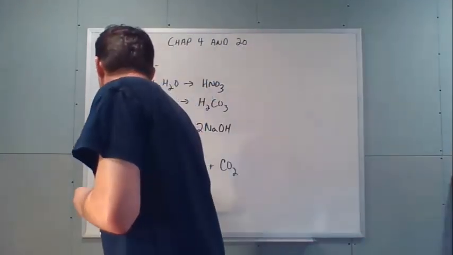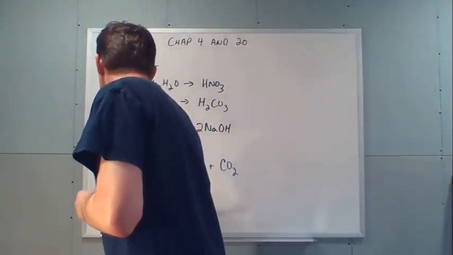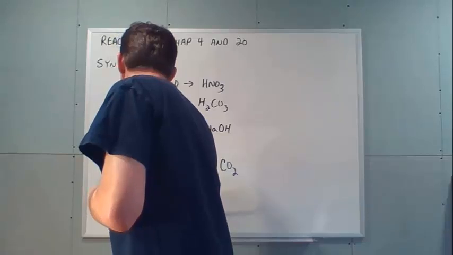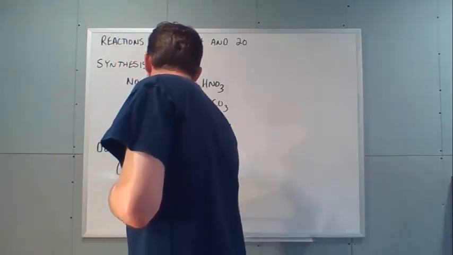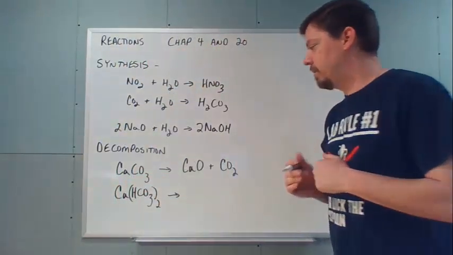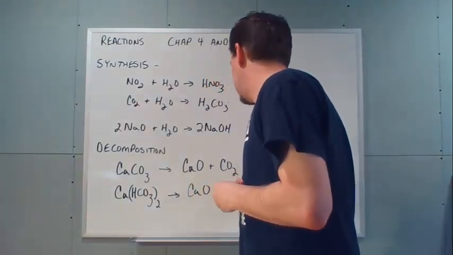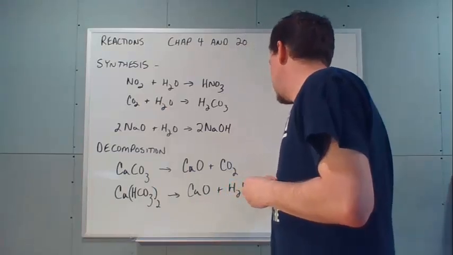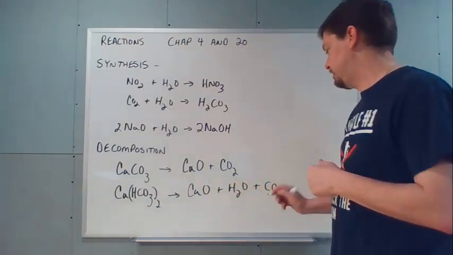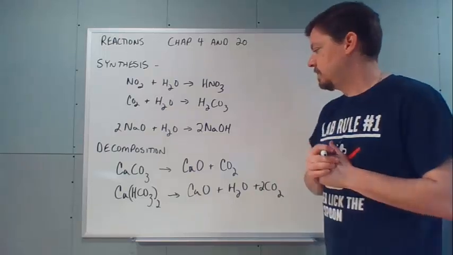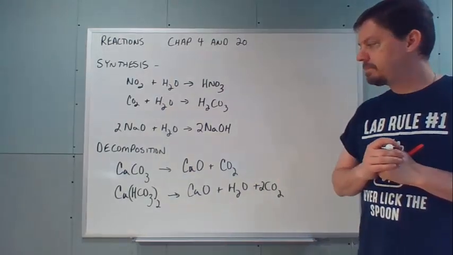Another one is if you have a hydrogen carbonate. If that decomposes, you're going to get the metal oxide. You're also going to get water and carbon dioxide. So you're going to have to account for that.